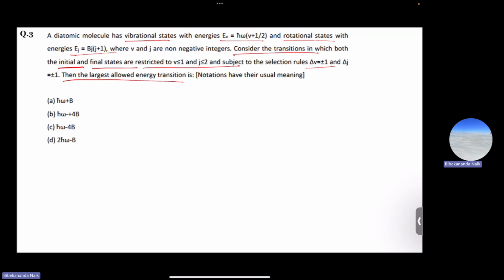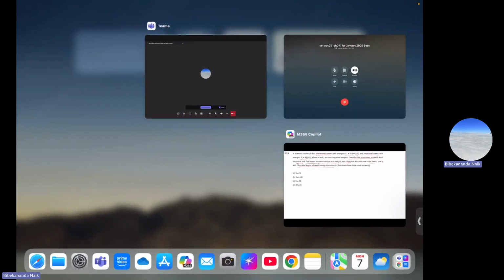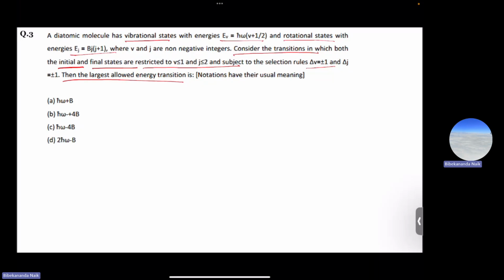So if we discuss, the vibrational level has the expression E_vib = ħω(v + 1/2), and E_rot = B j(j + 1).